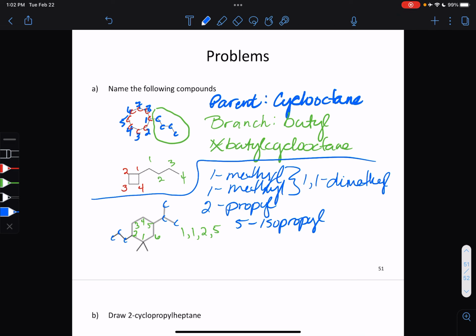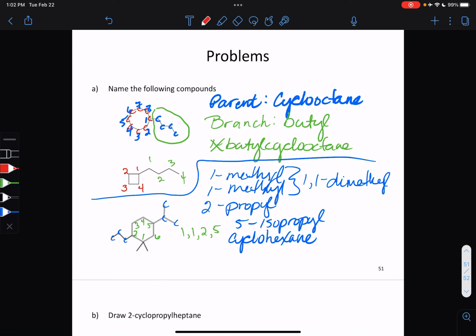Alrighty, our parent chain, what do we have? It's a cyclic structure, so we're going to start it with cyclo, and it has 6 carbons. So that is hexane. And remember, don't forget the cyclo in the front. That is a common student mistake. Okay, we are going to assemble the name now.